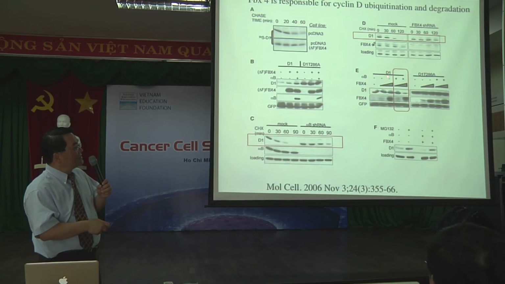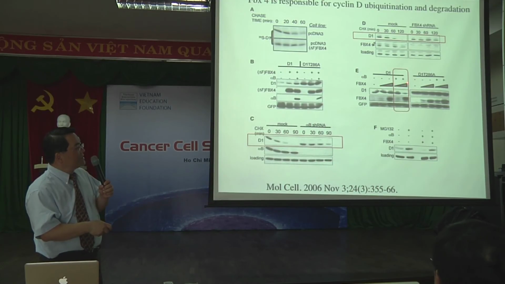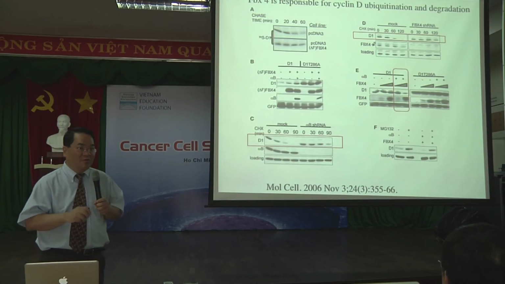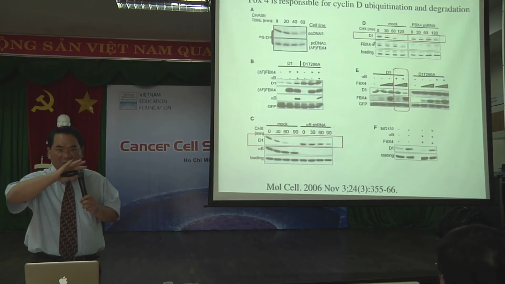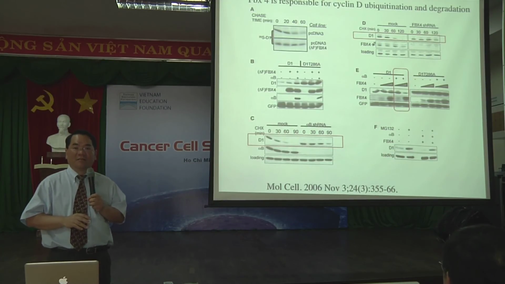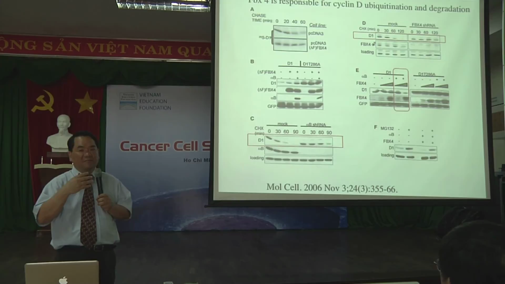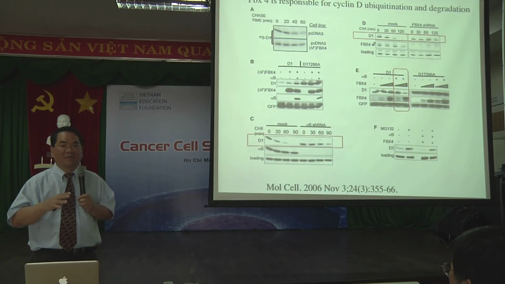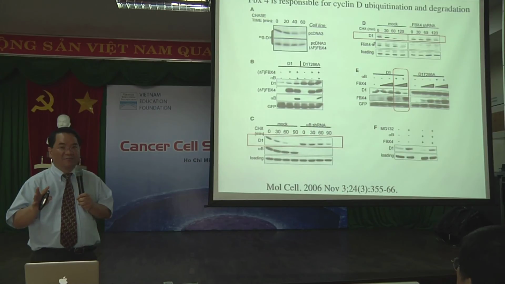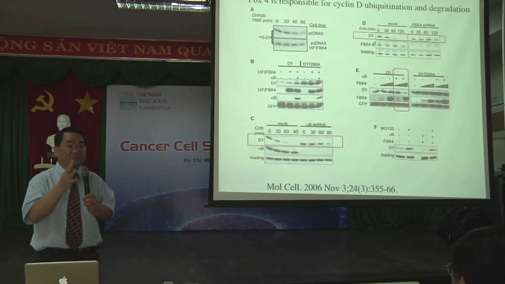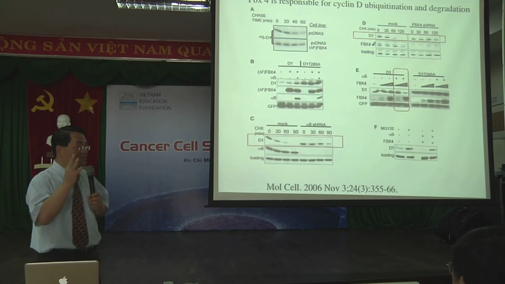On the opposite, if we add F-FBOX4, increasing the F-FBOX4, now you still see the cyclin D1 got downregulated because of the increase of F-FBOX4. So knockdown increases the stability of cyclin D1, but overexpression of F-FBOX4 causes the downregulation. You get a sense this particular protein is responsible for cyclin D1 degradation.